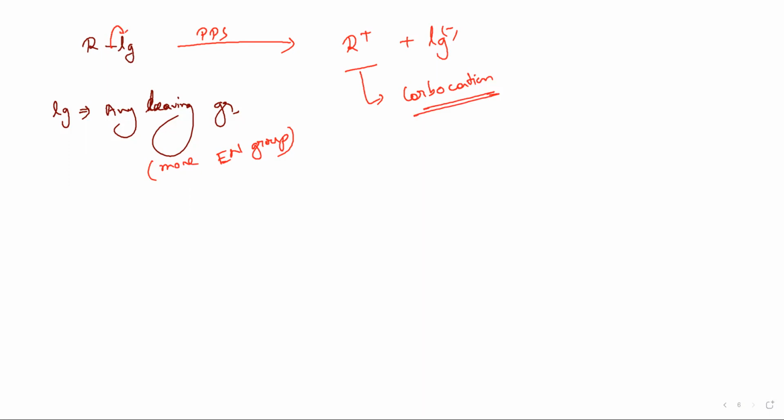Why? Suppose I take any carbocation, C with a positive charge. When you take a polar protic solvent, we can write water, with delta minus on one side and delta plus on the other. So one side is the negative side, the other is the positive side.